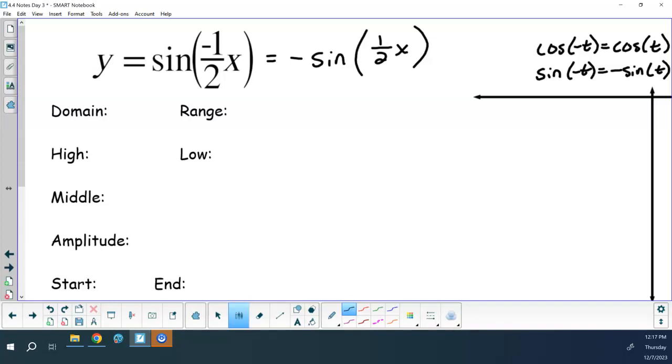It flips your graph over, right? If it was cosine, would it flip your cosine graph over? No, that would stay the same. So a negative b value flips the sine. A negative a value flips both sine and cosine. Now with that being said, please graph this trig function.